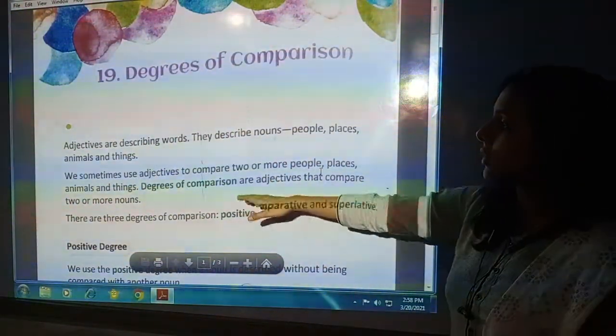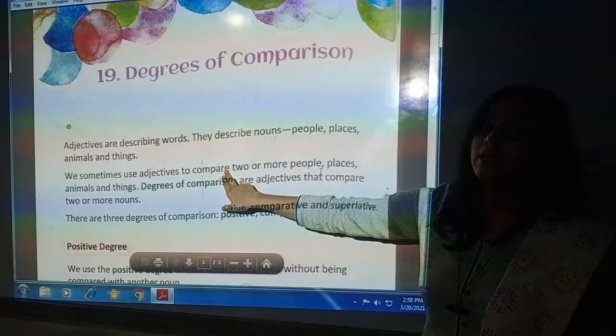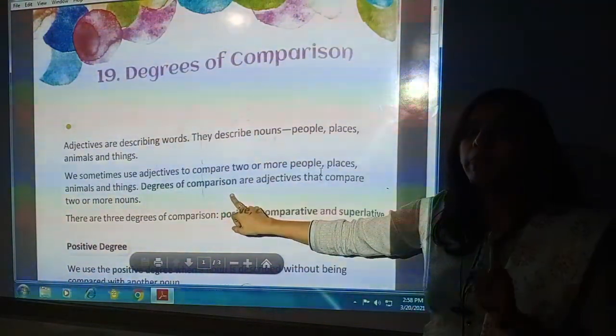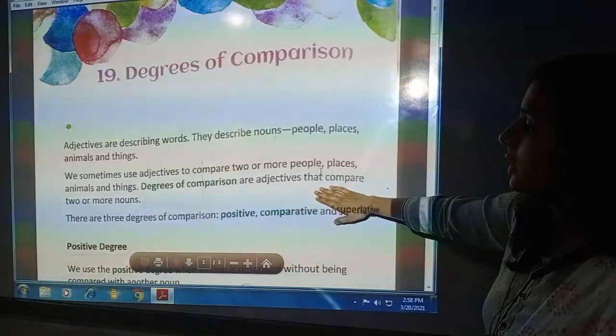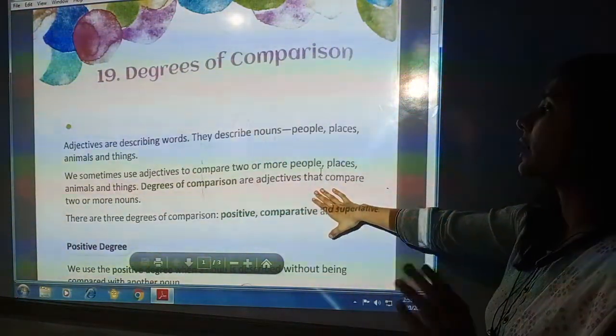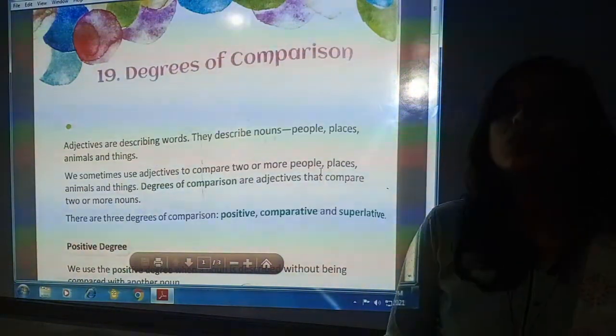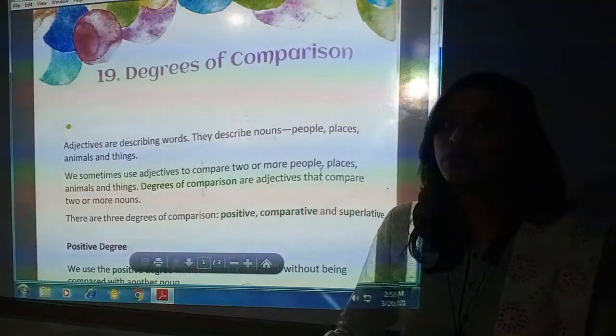So, when we use adjectives for comparison, that is called degree of comparison. Degrees of comparison are adjectives that compare 2 or more nouns.